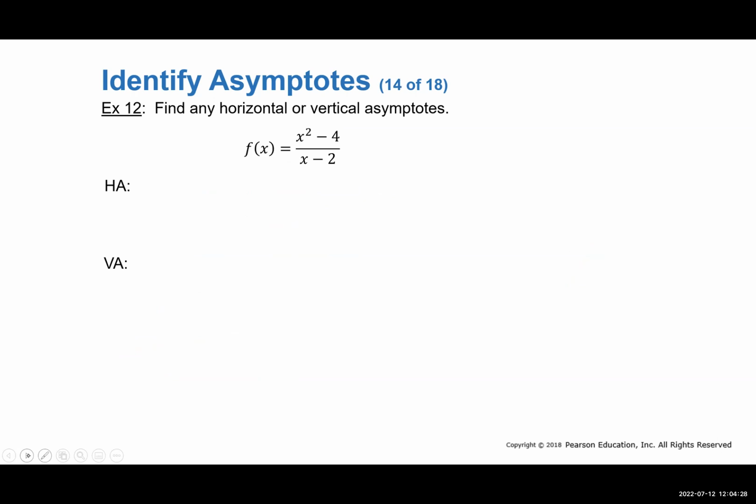Another example here. My bad. I had to look at that and make sure I had it right.